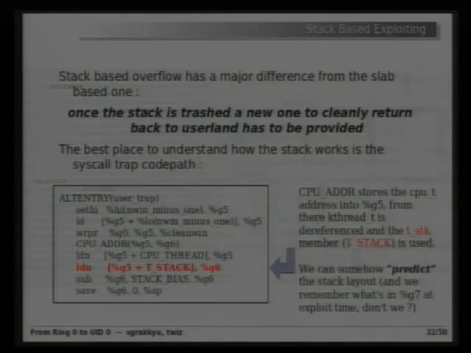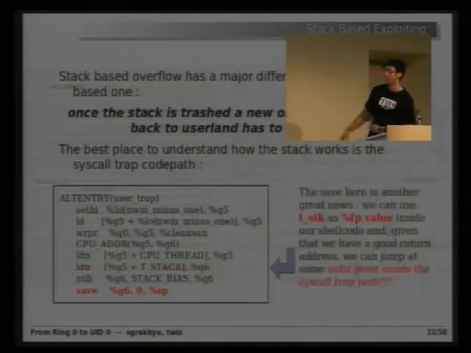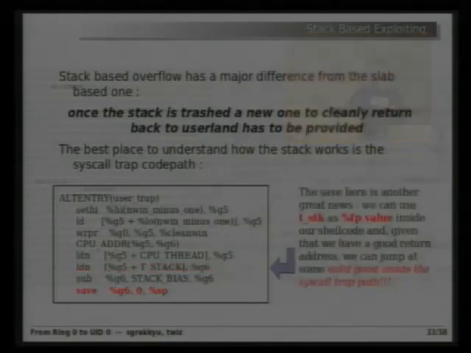So if we know how a system call will behave, we know how the stack will look like, at least at which distance everything will be. This is very good because one more thing happens. There is a save. Save basically means that a new window is allocated, and that the frame pointer will be set equal to G6. G6 is our stack. The stack bias is just a constant, the value the pointer is offset by.